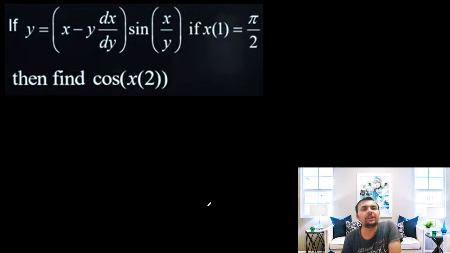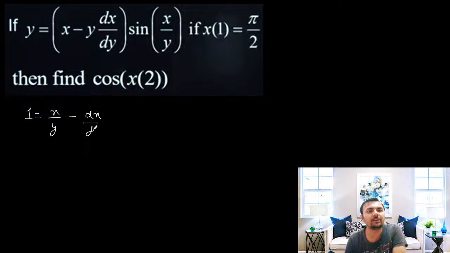If y is equal to x minus y dx by dy sin x by y. So this is a question of a homogeneous equation. We'll divide by y, it is 1 equal to x by y minus dx by dy sin x by y. We'll put x equal to ty.